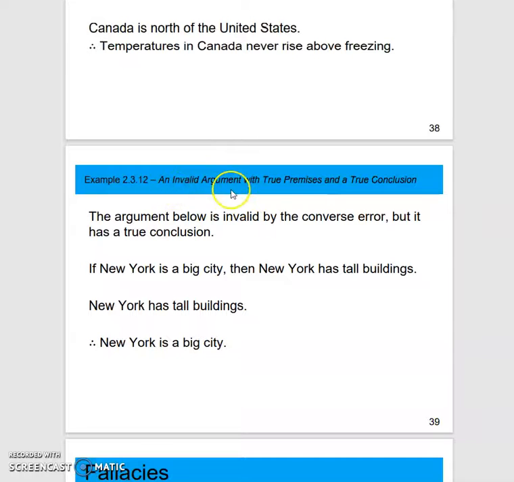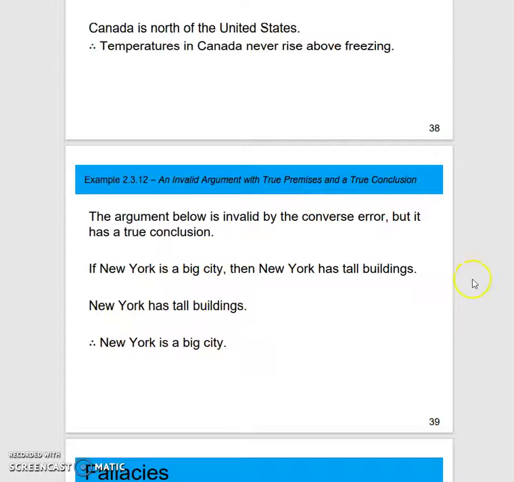So now let's look at an invalid argument where my premises are true, and I've got a true conclusion. Here we've got the converse error. However, the conclusion is true. If New York is a big city, then New York has tall buildings. New York has tall buildings, therefore New York is a big city. So New York is definitely a big city, but if we follow this using the rules of logic, this is still an invalid argument.